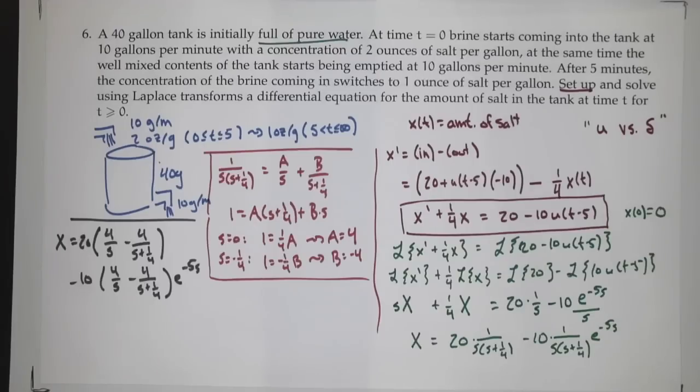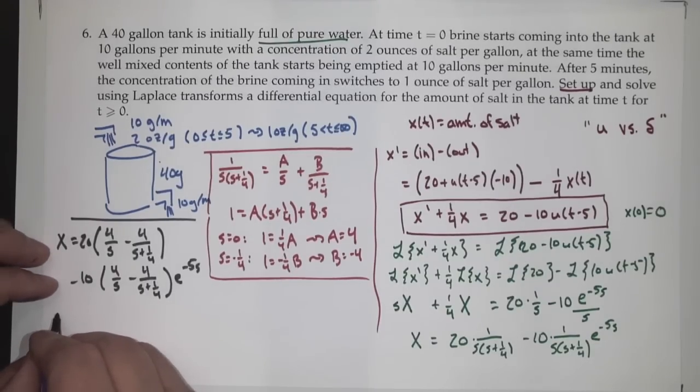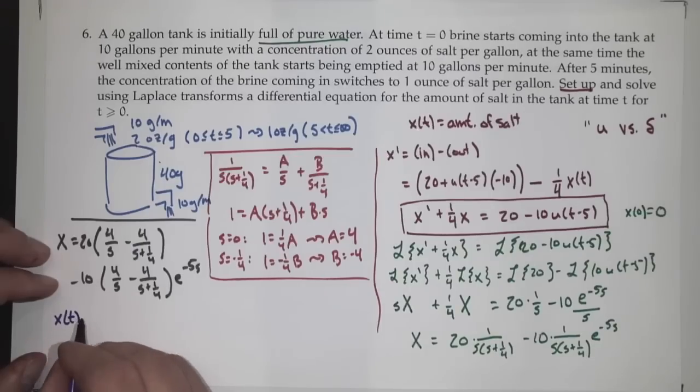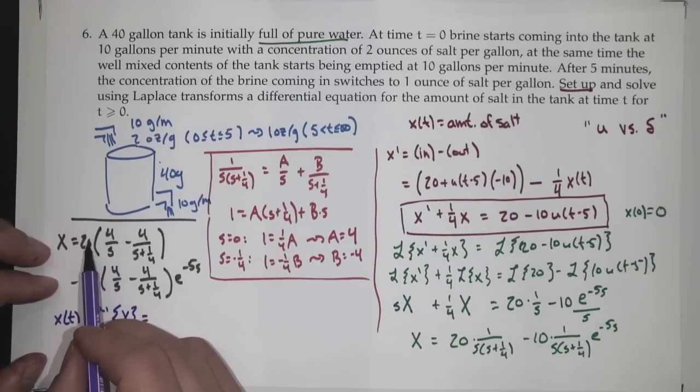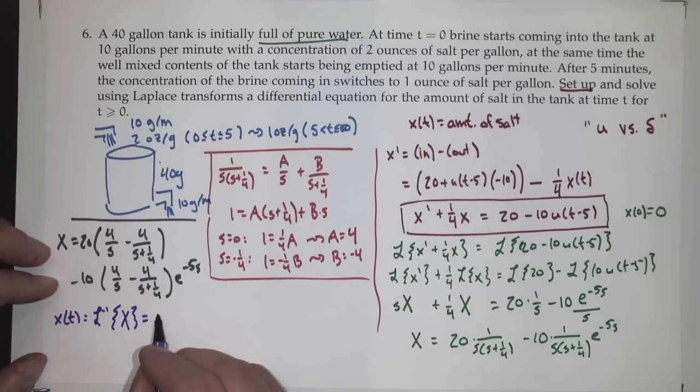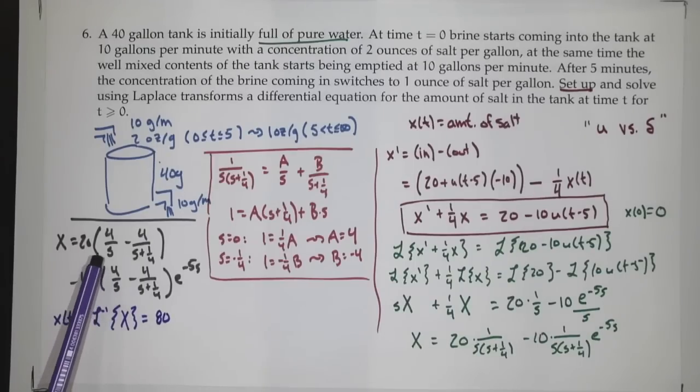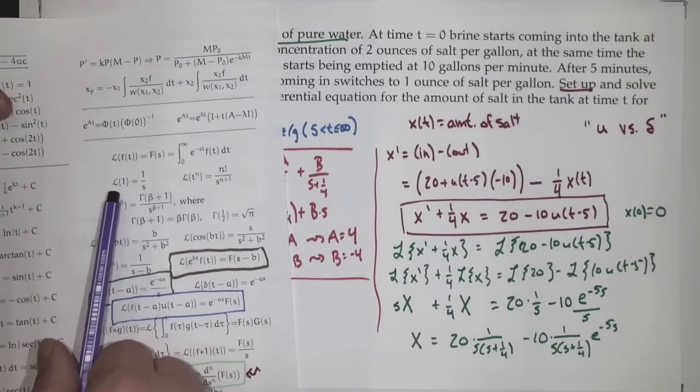What happens? We have our solution x of t, which is the inverse Laplace of capital X. Well, 20 times 4 would give us 80. And then we have 1 over s. We know how to handle 1 over s. The inverse Laplace of 1 over s is 1.